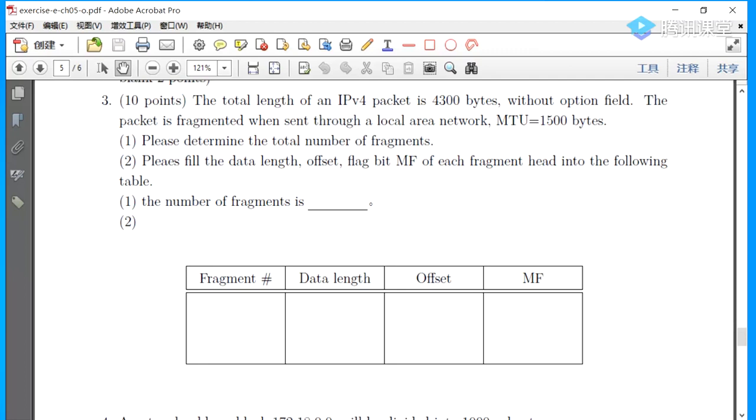Then we have two questions. Please determine the total number of fragments. How many fragments is the original IPv4 packet divided into? Question 2. Please fill the data length, offset, and flag bit MF of each fragment header into the following table.